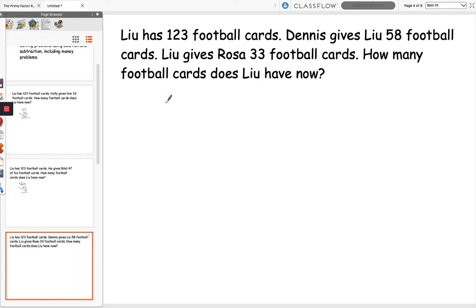So I'm starting off with Liu having 123 football cards, and Dennis gives him 58 more cards. So I need to add the 58 onto my 123. So I'm going to do 123 add 58.